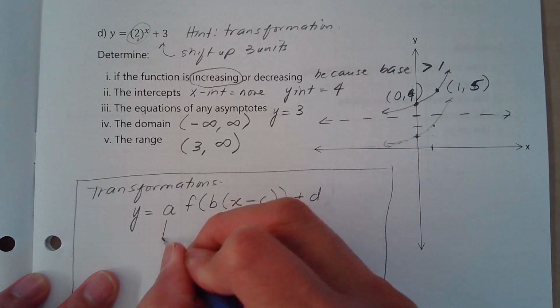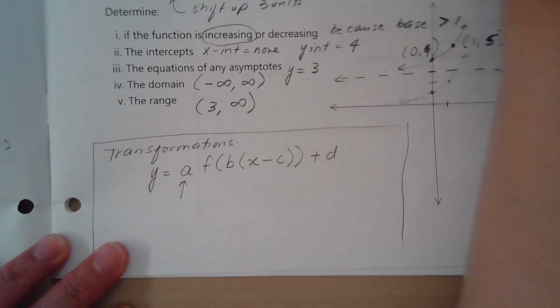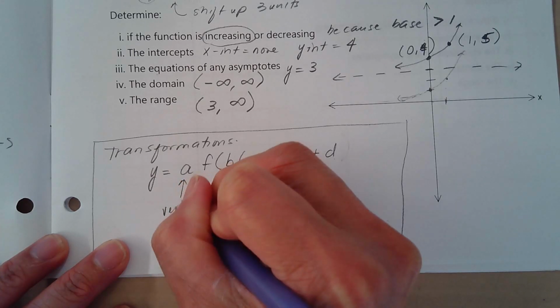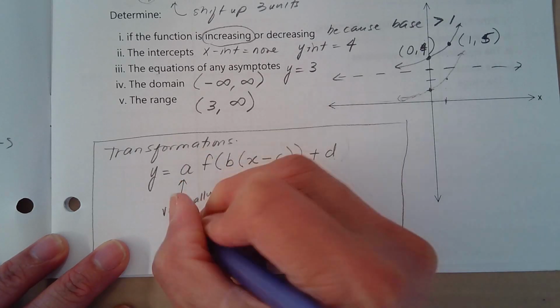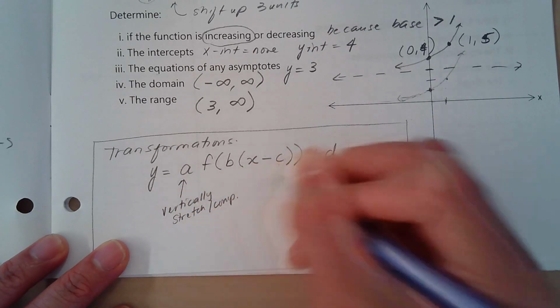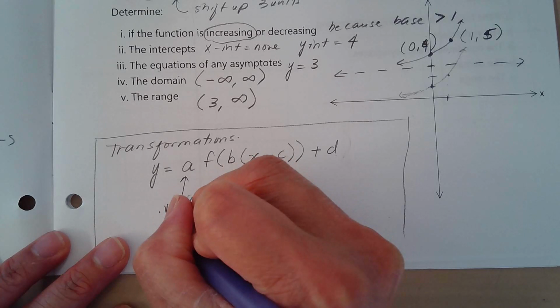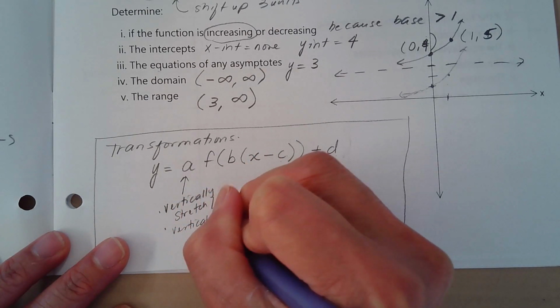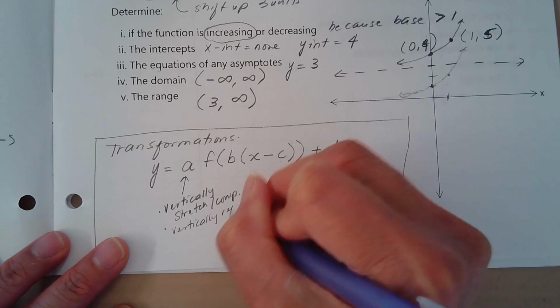So the a tells us what? The a tells us that it's going to be vertically stretched or compressed. It also tells us if it's vertically reflected.